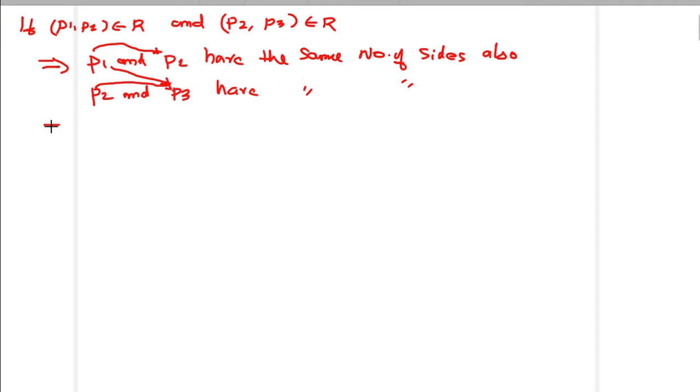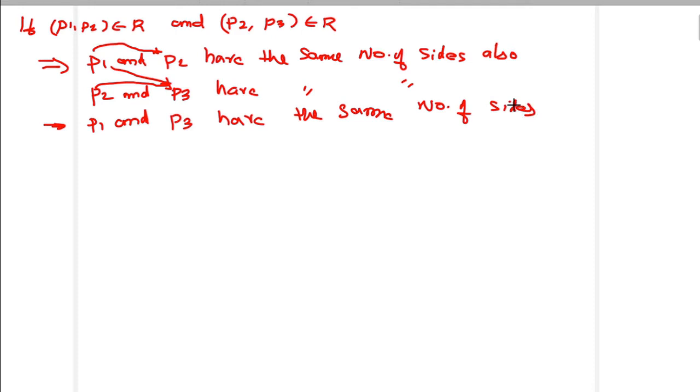So this implies P1 and P3 have the same number of sides.